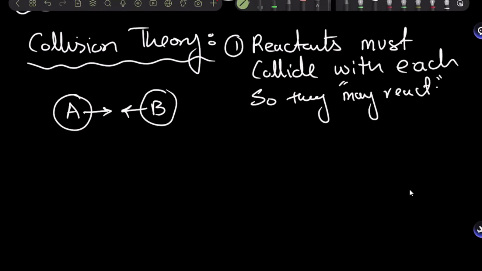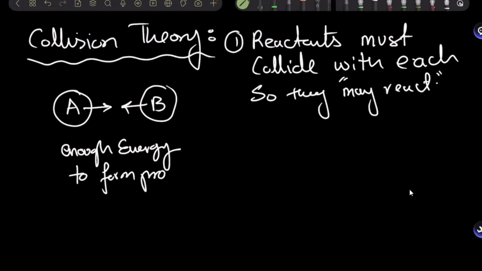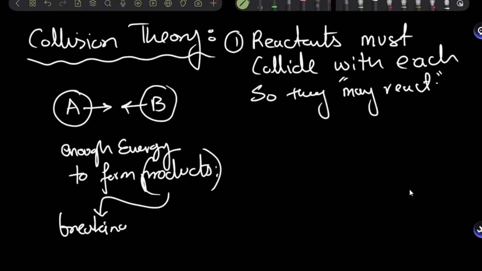There's other things also. Now, the second point is that when these two reactants collide with each other, they should have enough energy to form product. Or in other words, by forming product, I mean breaking old bonds and forming new bonds.